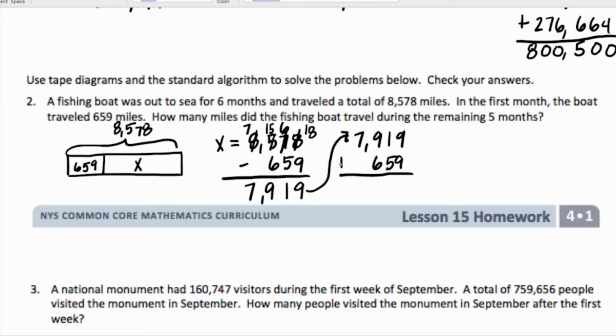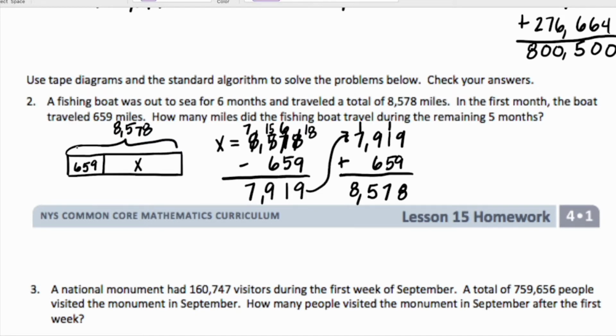We can take this answer, this difference, and add it to the other part, the part that we did know. And when I add, I get the total, 8,578. So I know my answer is correct.